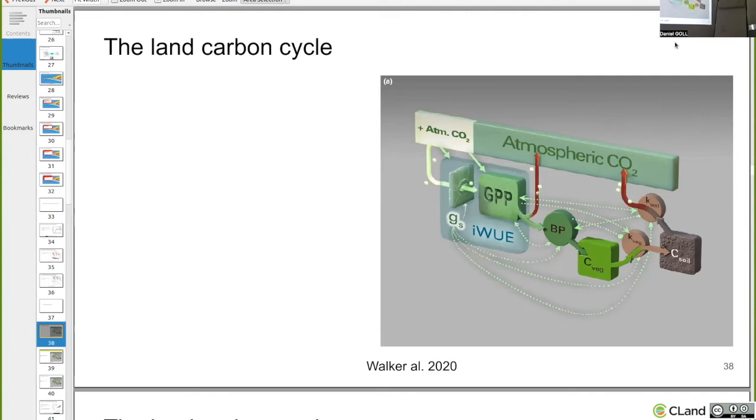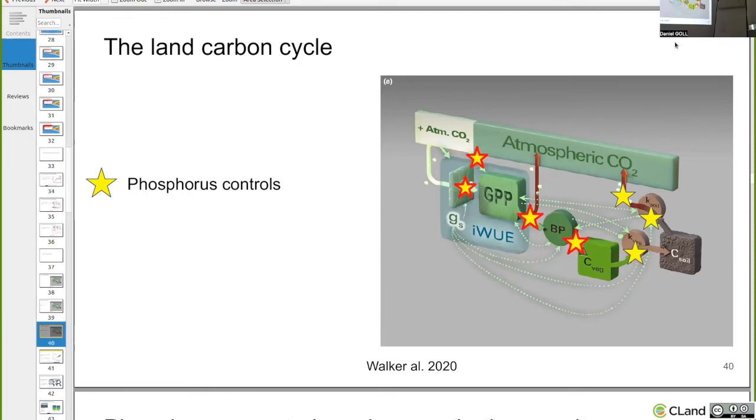From this the vegetation carbon stock increases, and vegetation also dies and turns over because of mortality, pests, etc. There's a decay rate, and then it enters the soil or dead organic matter pool, which is decomposed by microbes, releasing CO2 back to the atmosphere. It's very simplified here and many processes are omitted, but I just want to show where we expect phosphorus controls could happen, and you can see all these processes are theoretically constrained by phosphorus.